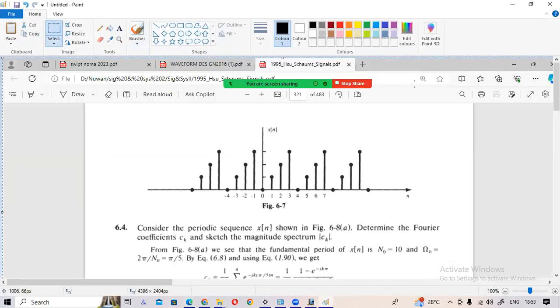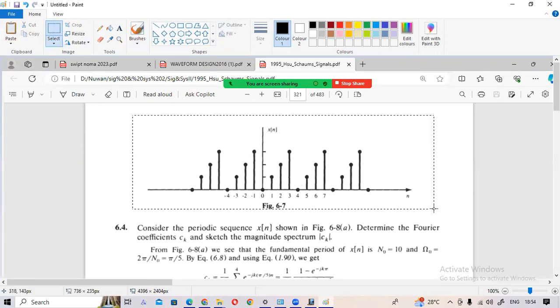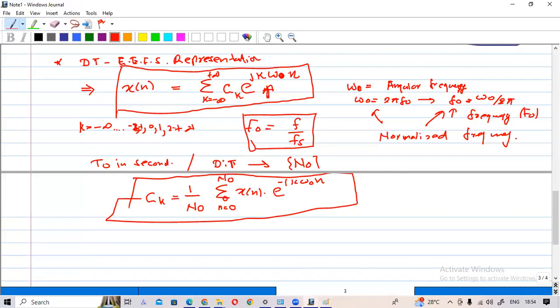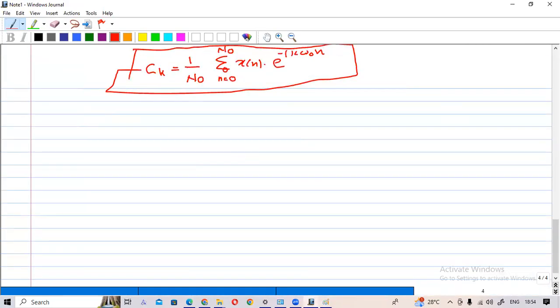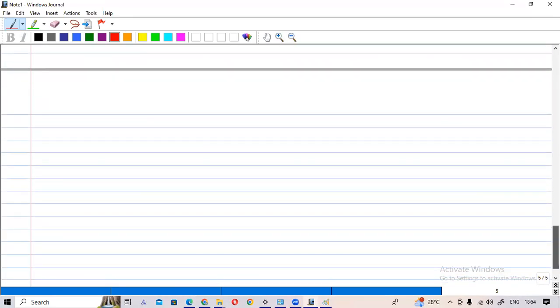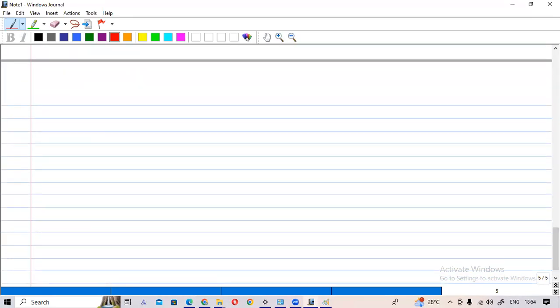We will take that example. This is the example we are going to do.